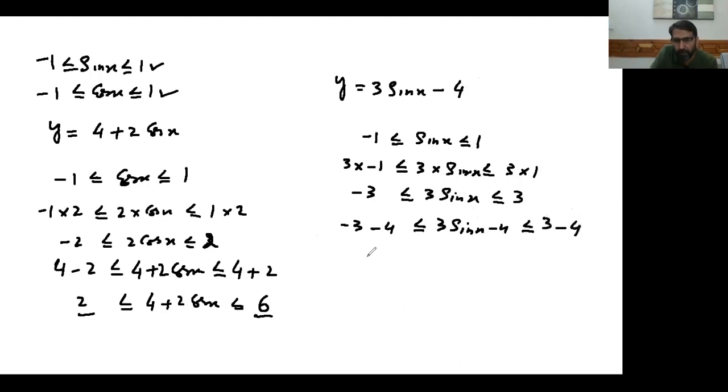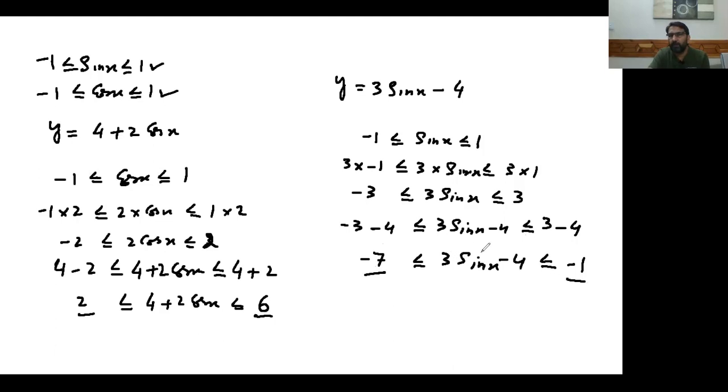After simplification, this is -7 less than or equal to 3 sine x minus 4 less than or equal to -1. So the minimum value of this function is -7 and the maximum value is -1.